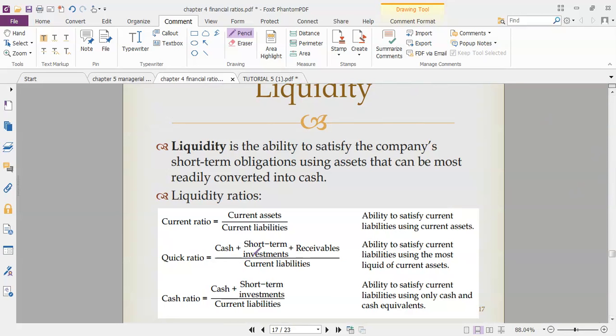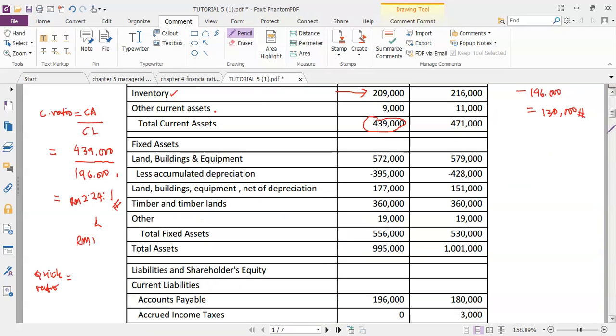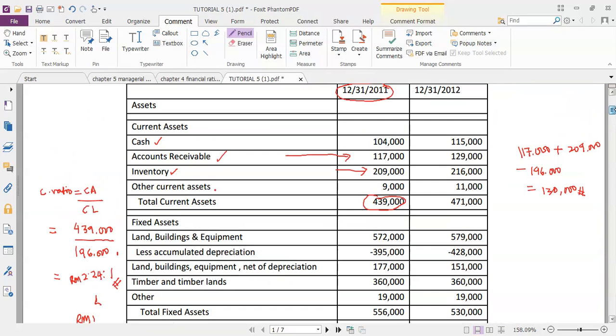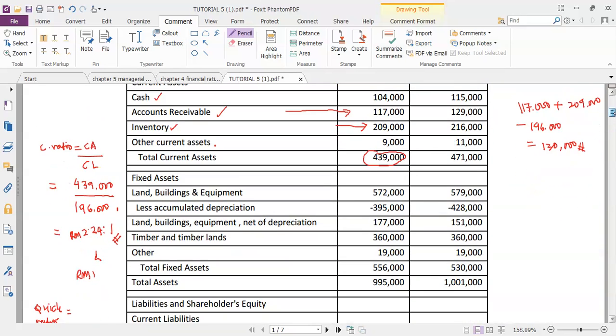Cash plus short-term investment plus receivable divided by the current liability. Cash. Is there any short-term investment? No, right. There is no short-term investment.